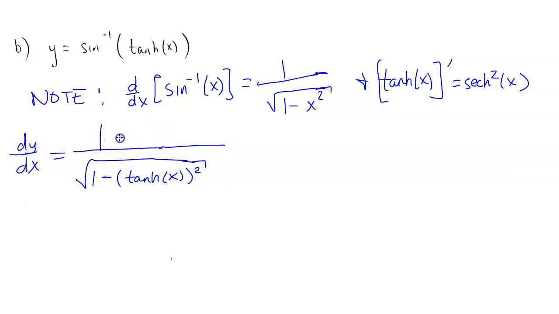And then that's going to be multiplied times the derivative of our inside function here, which we know is going to be secant hyperbolic squared. So now from this point, one of the things that we know, and I'm just going to rewrite this.